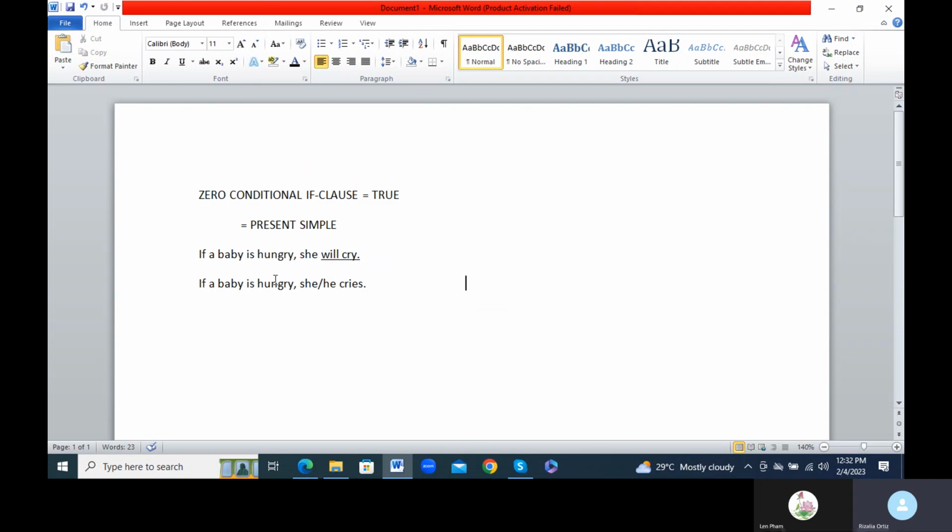But these two sentences do not mean the same. Here we are using cries, the present simple form of the verb. Because normally the baby's form of communication is crying, right?